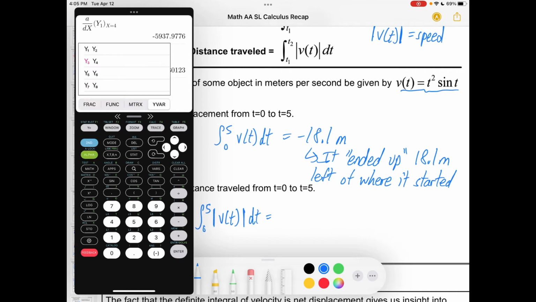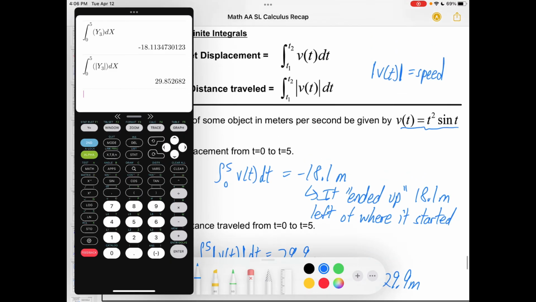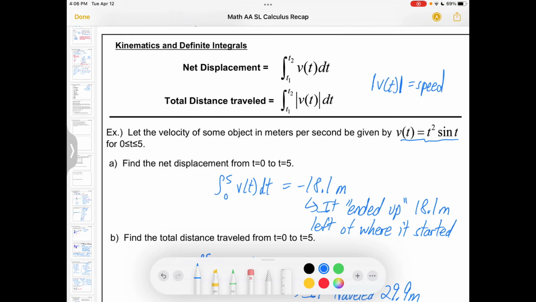And I'll go alpha trace to choose y3, because that's where I put my velocity function, and I'll get 29.9 meters. I'll definitely get a positive one when I use these absolute value signs. Now, what does this mean? It means it traveled 29.9 meters. Now, why are these two things different? Well, because there are turning points happening, so it changes direction. But there's the cliff notes on net displacement versus total distance traveled.